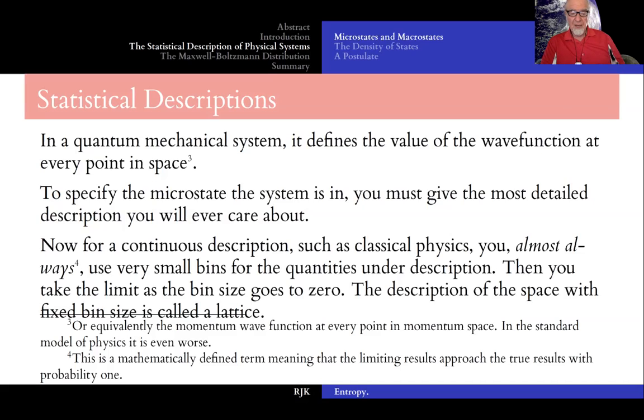So we'll take the limit as the bin goes to 0, and we'll get the continuous result. But the initial start we're going to always work with is a finite bin size, and using this is always called a lattice.